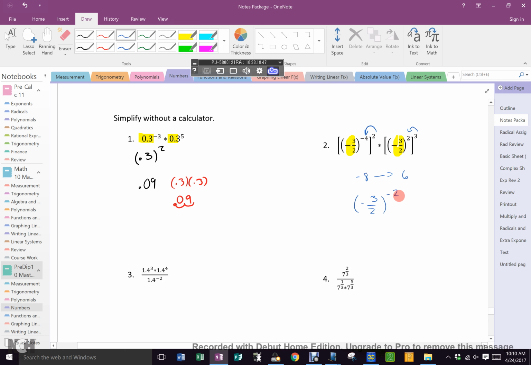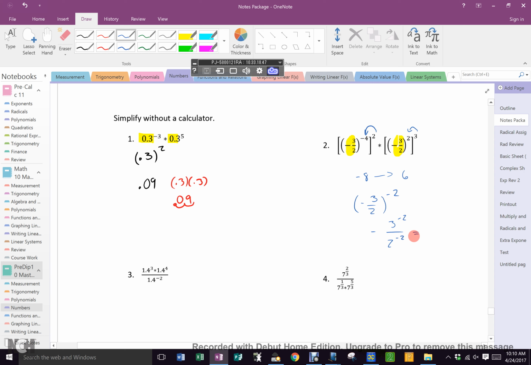What does a negative exponent do to its base? If you've been paying attention, you know that it just flips, don't you? But if you haven't been paying attention, you may have to go back to the laws. That negative exponent must go to everything in here, yes? Which means I would get a negative 3 to the negative 2 and a 2 to the negative 2, yes?